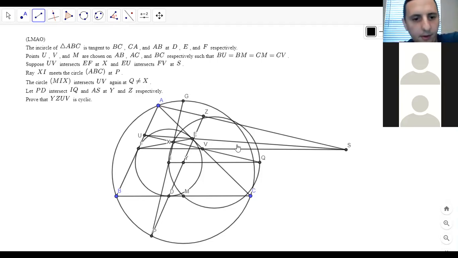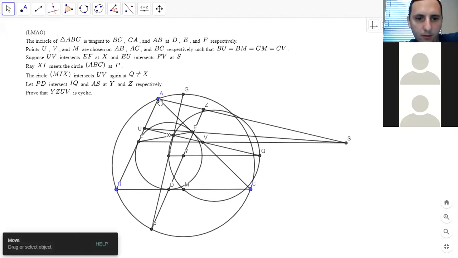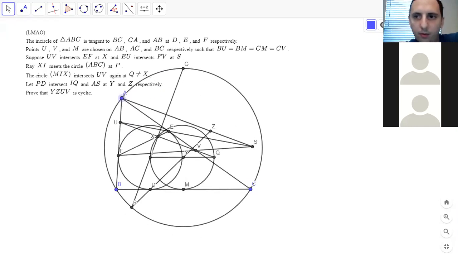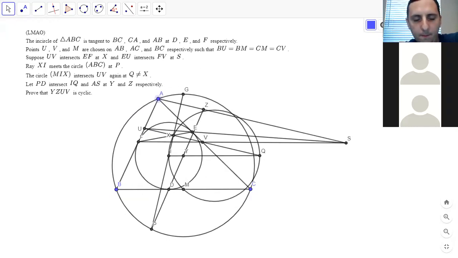It almost looks like FV is parallel to BC, but that's not true, I don't think. No. Okay. Michael, is YV parallel to PQ?